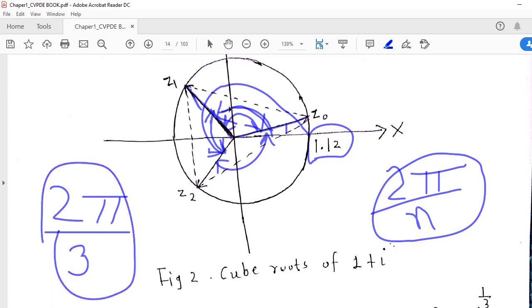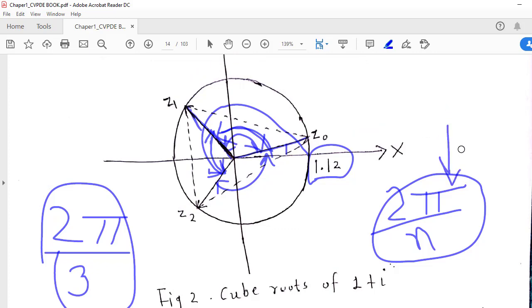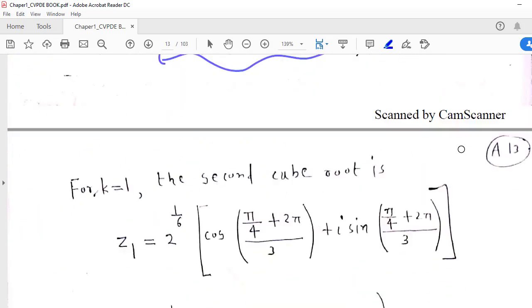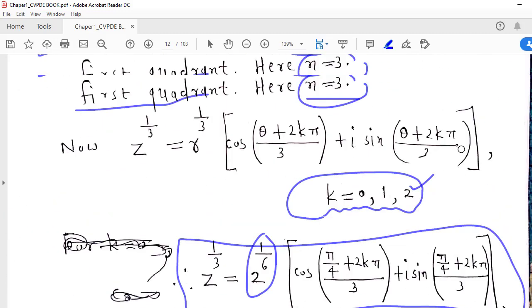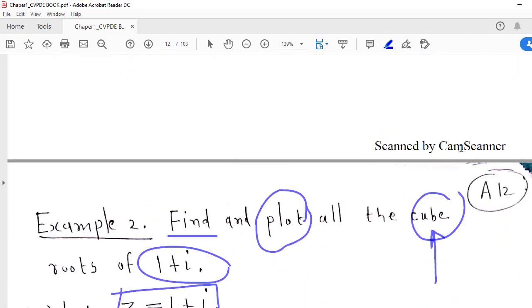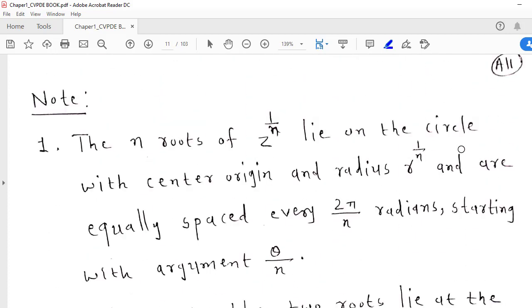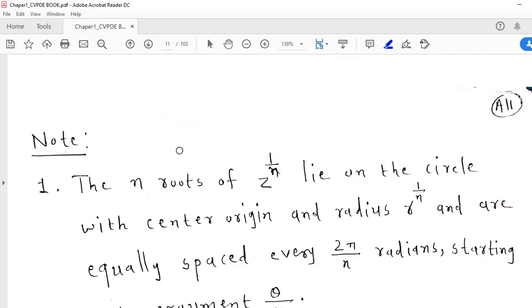This angle is 2 pi by 3, this is also 2 pi by 3, and this is also 2 pi by 3. So roots are equally spaced at every 2 pi by n radians. This is not true only for this particular example, it is true in general for any complex number.